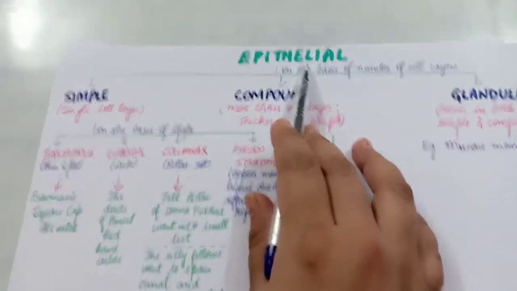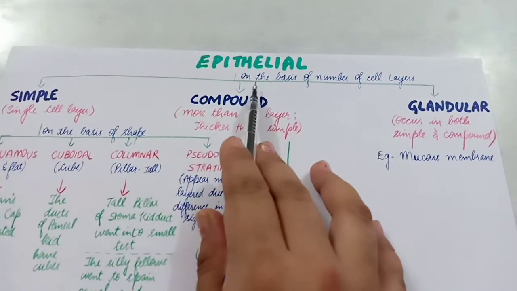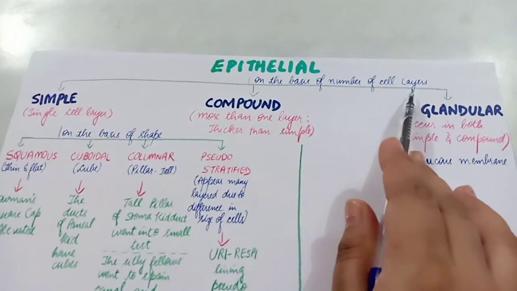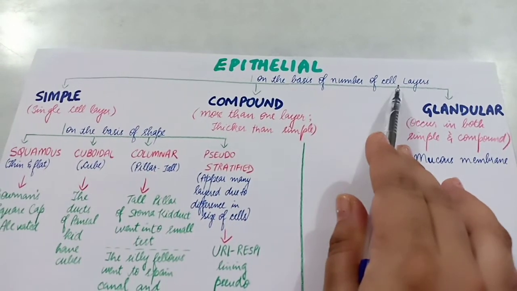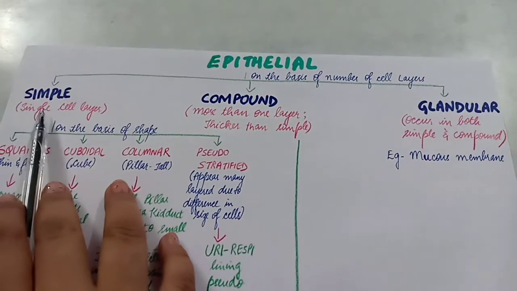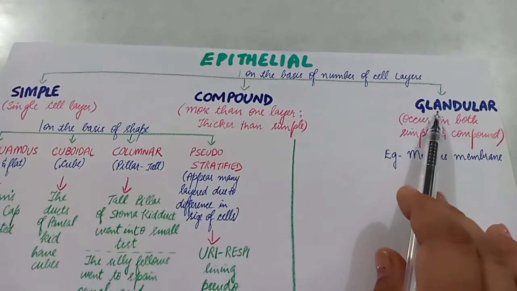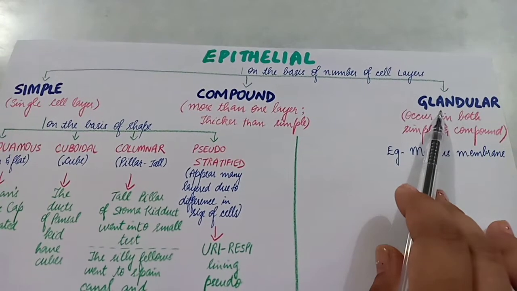Epithelial tissue, which is a kind of animal tissue, can broadly be classified on the basis of number of cell layers into three broad categories, that is simple epithelial tissue, compound epithelial tissue and glandular epithelial tissue.